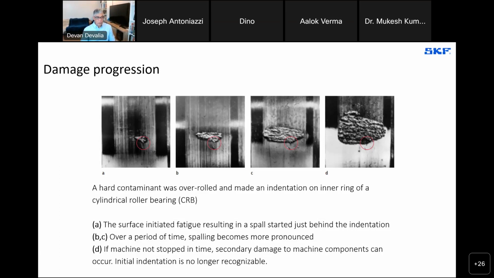So we can do several things to help us catch bearings early. One could be monitoring vibration levels. We know that machines vibrate, and we can use vibration to detect that there is damage in the bearing early. We can monitor temperature. Bearing temperature is a good indication, especially when it starts to trend up, that something might be going on in there.